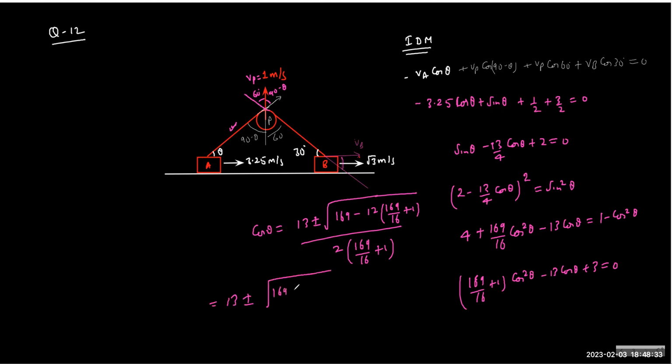So 169 minus 169, 175, 185 into 3 by 4, right? Now this is slightly cumbersome. 185 by 8.